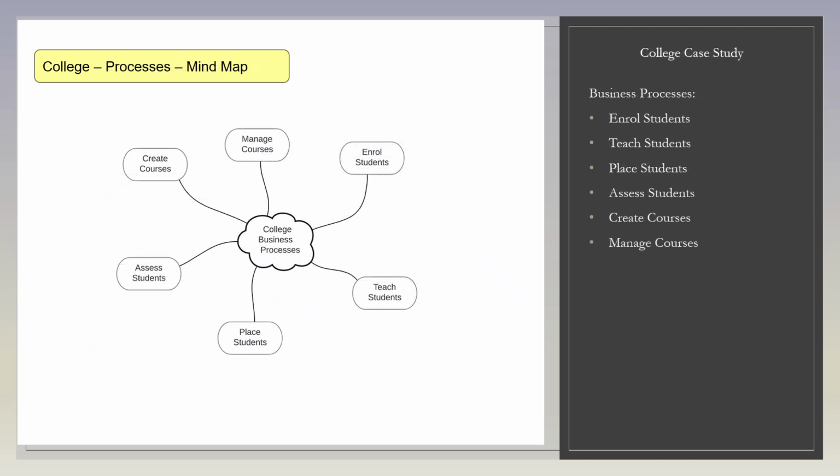Another important aspect of business analysis is process analysis, where you look at what the business organisation does, in this case the college, so that you can ensure that the system you're developing will support these business processes, enrolling and teaching students, assessing them, and so on. There are a number of analysis techniques that can be used for this, but one of them is mind maps. So you might start with the map that you can see here.